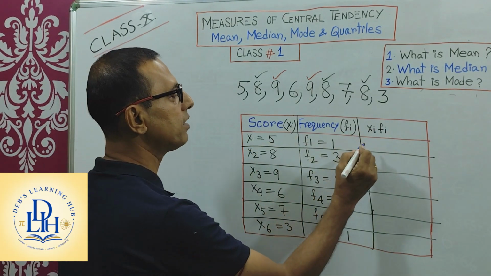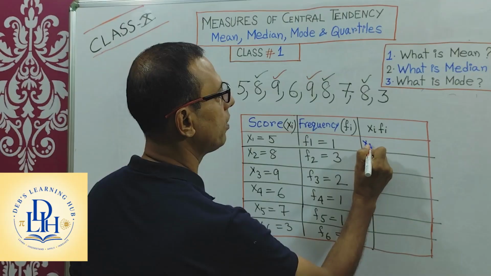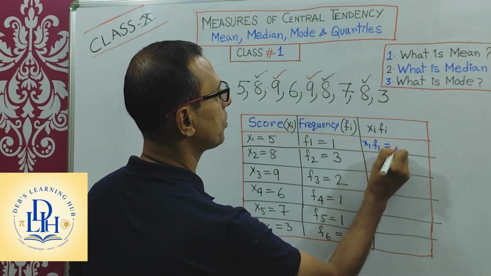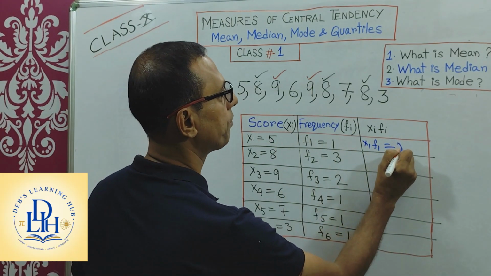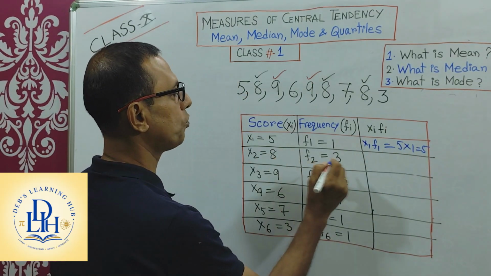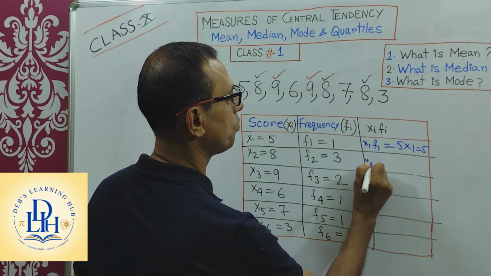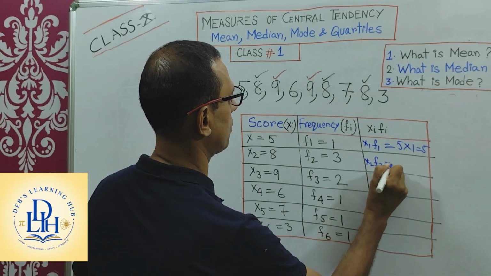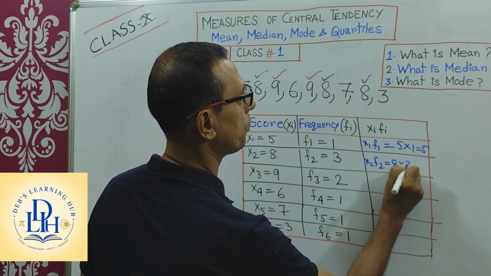Now, xi fi means here, x1 f1, how much is it? 5 into 1, that equals 5. x2 f2 equals 8 into 3, 24.